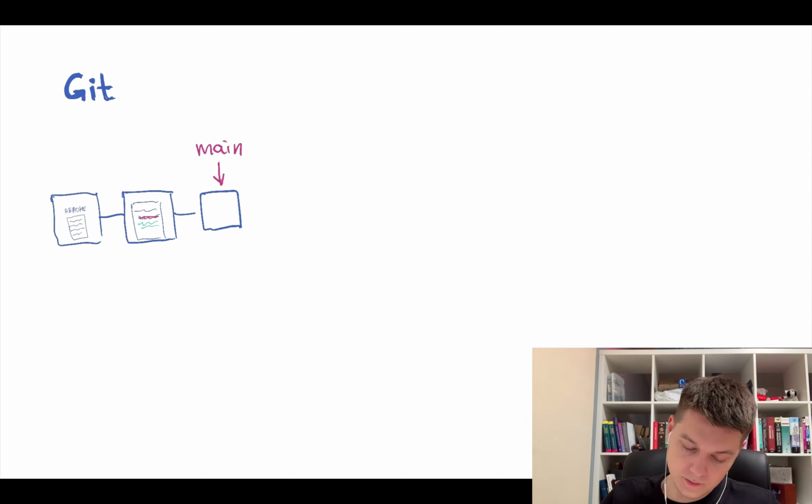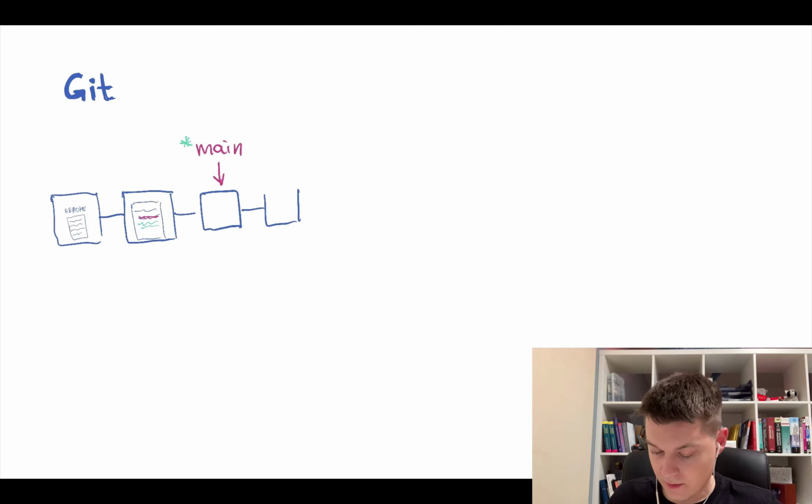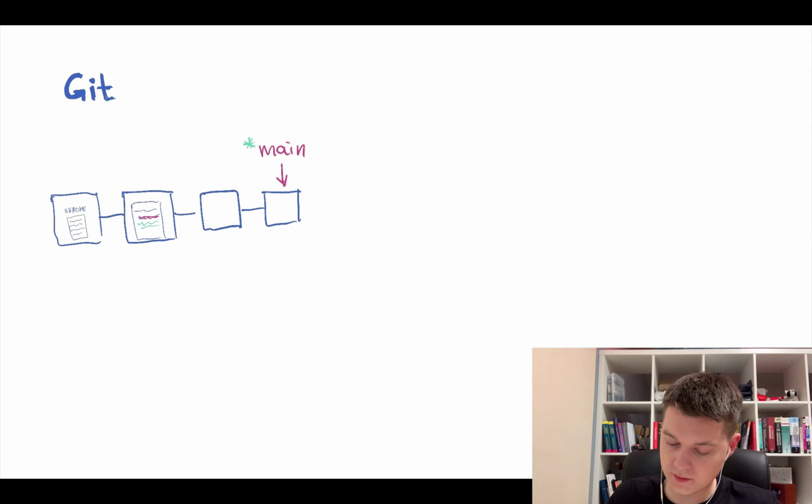And also our branches could be so-called current branches, right? It's the branch we're currently sitting on. Later, when we create one more commit in this repository, our current branch moves with us, right?